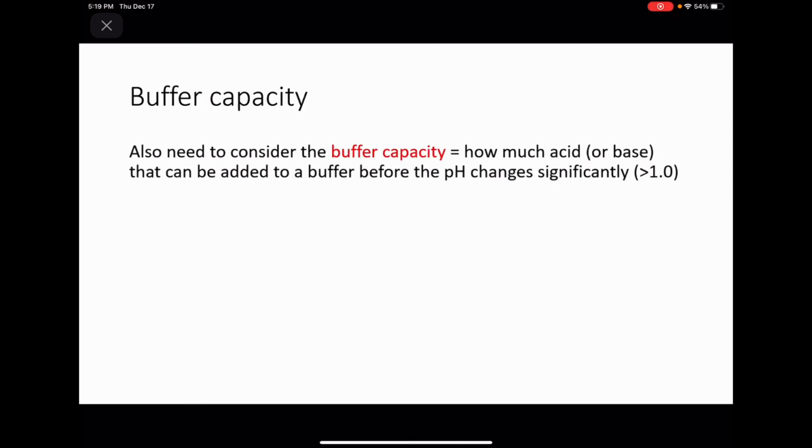And then that concentration factors in this idea of how much acid or base do you think is going to be added to it. You need to consider the buffer capacity of your buffer. So in other words, how much acid can be added or base can be added to that buffer before the pH changes maybe greater than 1 pH unit.